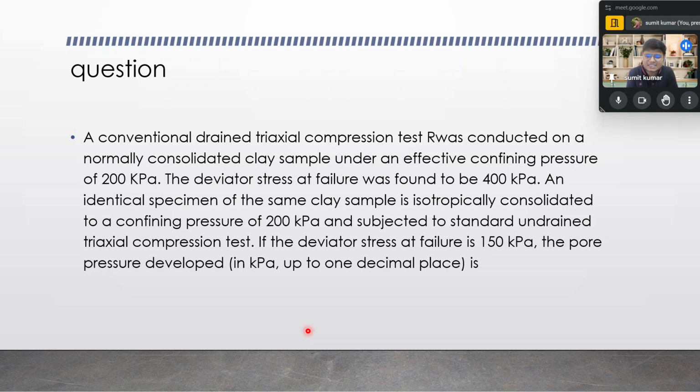An identical specimen of the same clay is isotropically consolidated to a confining pressure of 200 kPa and subjected to a standard undrained triaxial compression test. If the deviator stress at failure is 150 kPa, what is the pore pressure developed in kPa? The question is, how are we going to solve it?